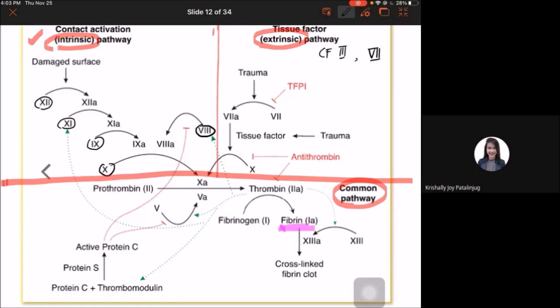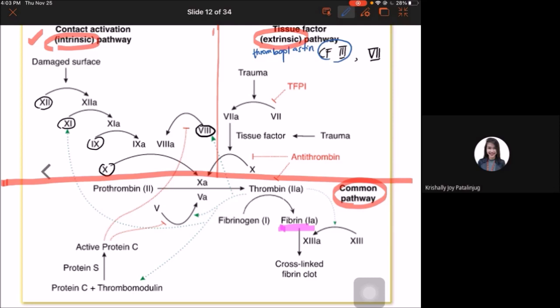Ang clotting factor 3, as mentioned sa table kanina, it is also known as thromboplastin. So, sulat natin. Clotting factor 3 is also known as thromboplastin. Now, as we remember, sa table earlier.